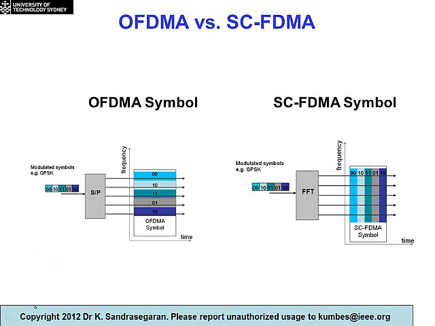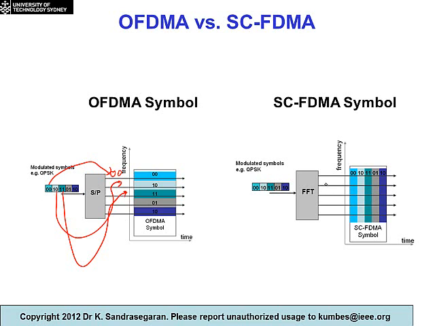So the first two symbols go there, the next two symbols go on this line, the next two symbols go on this line, and so forth. Okay, this is the serial to parallel conversion, and then this is transmitted as an OFDMA symbol.